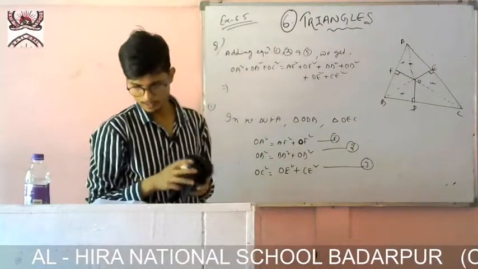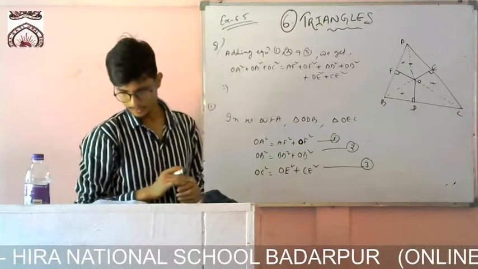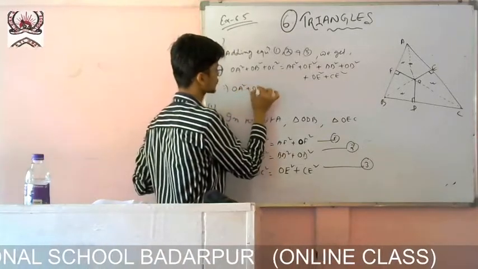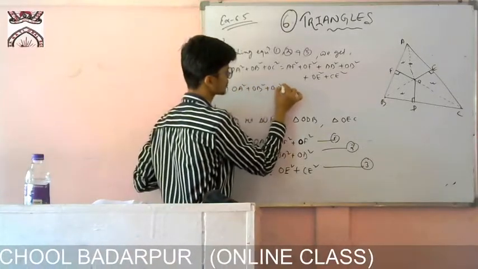Now arrange as per the question. What is the question given? OA, OB, OC on one side: OA square plus OB square plus OC square.